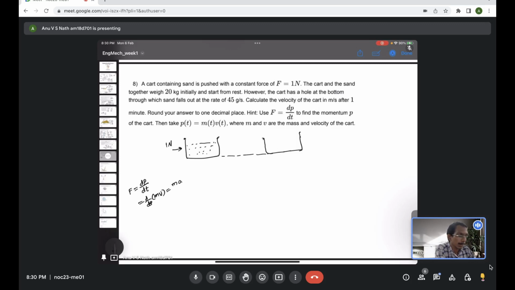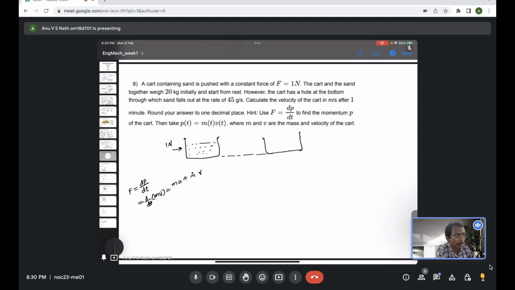But remember, when mass is not constant, you will still have one more term, which is dm by dt times v. So dm by dt I can write as m dot, which is the rate of mass change. For a rocket the mass is changing continuously, so you have to consider that.